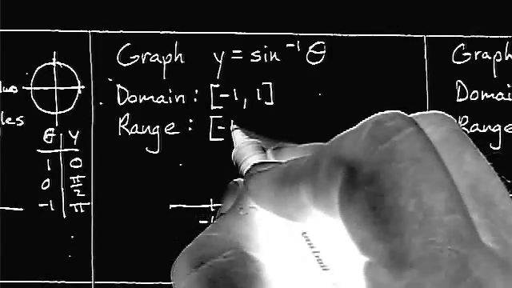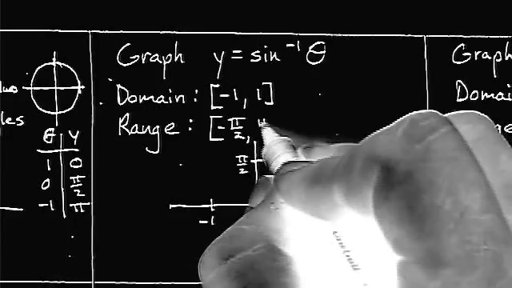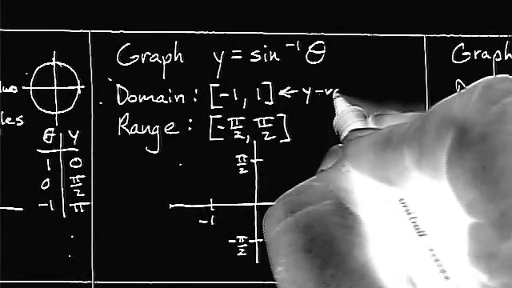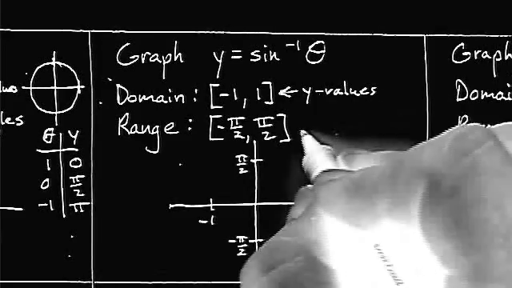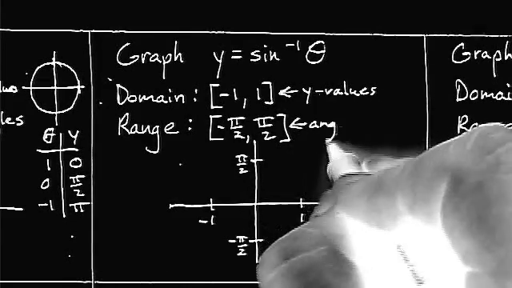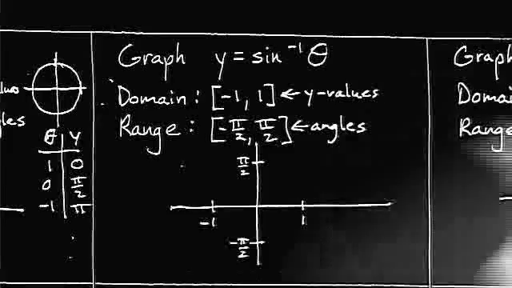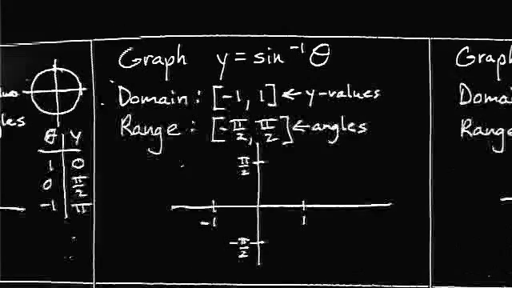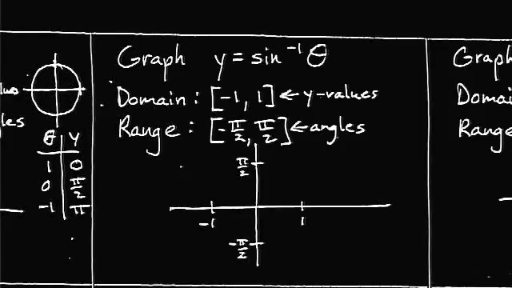So we end up with negative pi over 2 all the way to pi over 2. Now, what are these? These are y values, and we're getting out angle measurements. Keep in mind, those angle measurements are from negative pi over 2 to positive pi over 2. We'll look at the circle in a minute to see how it connects up to the circle.